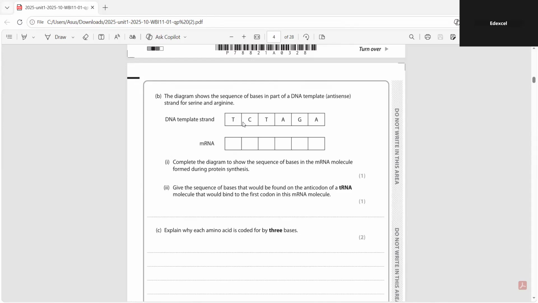So for T it should be A and for C it should be G. Likewise you get the answer: A, G, A, U, C, U. This should be the answer for the mRNA sequence.